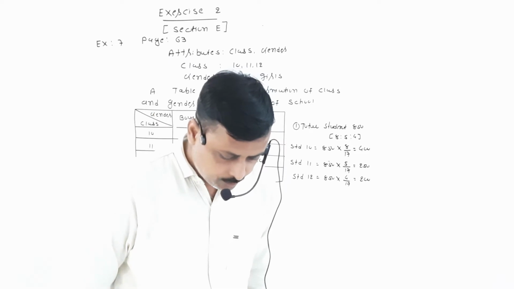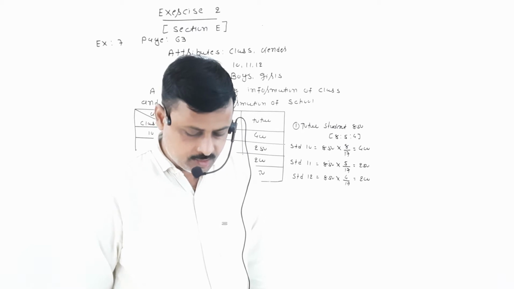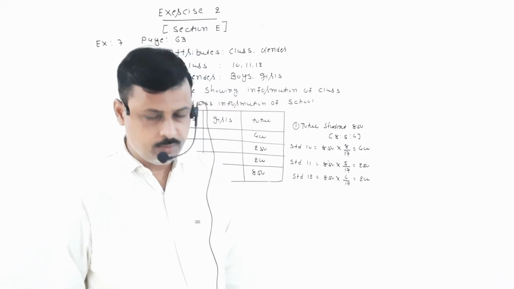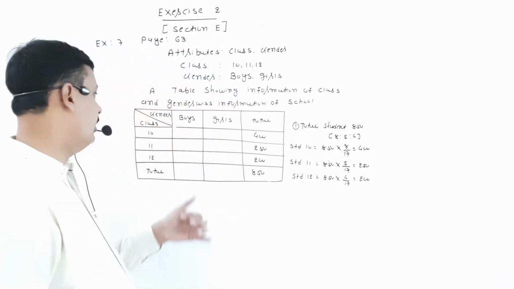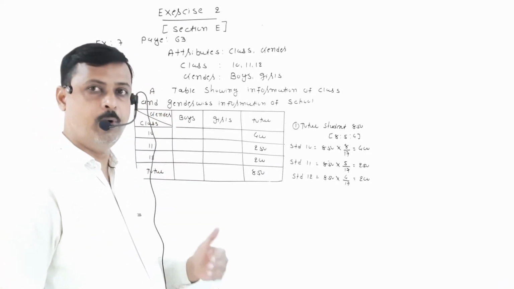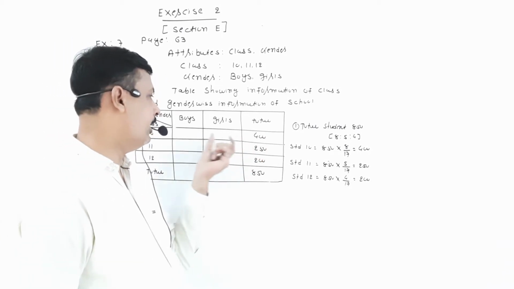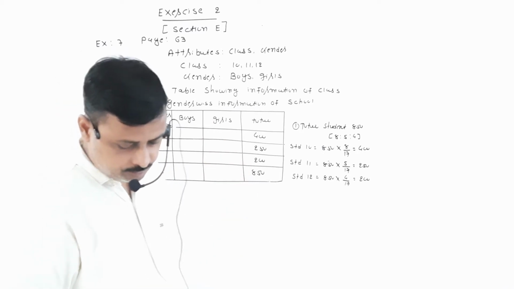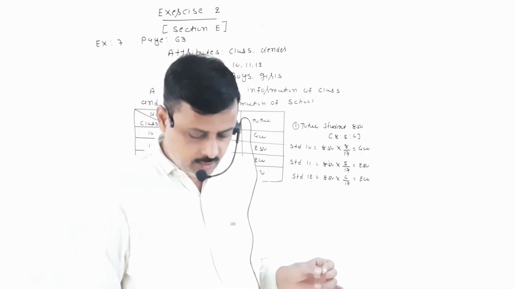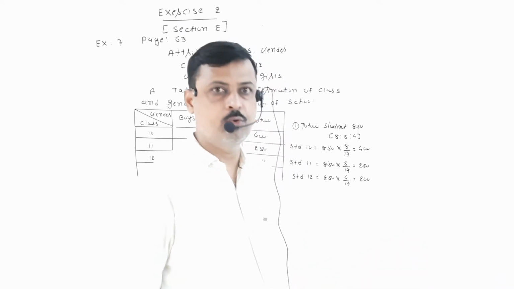Now, in standard 10, the number of boys is 30% of the number of students in the school. 30% students were boys in standard 10. Most of you are taking 400, 30%, 120, but look at this word: in standard 10, the number of boys is 30% of the number of students in the school.